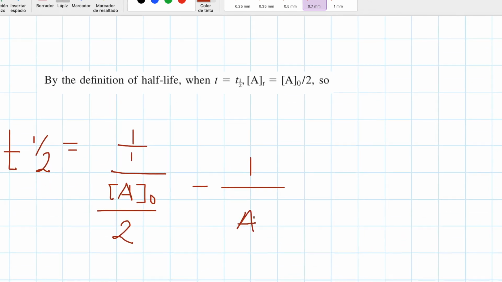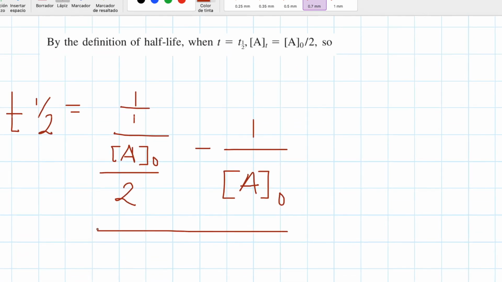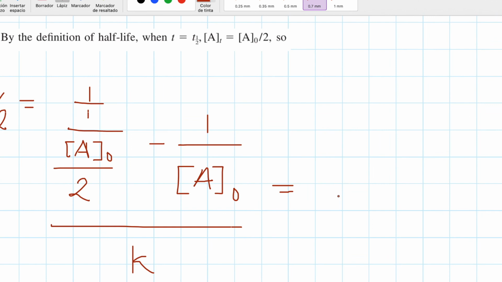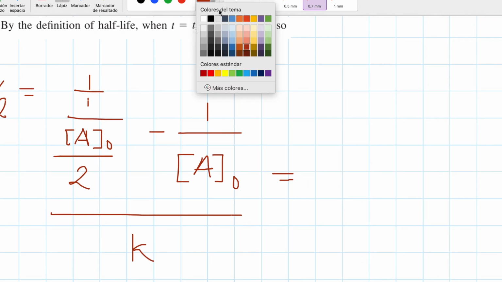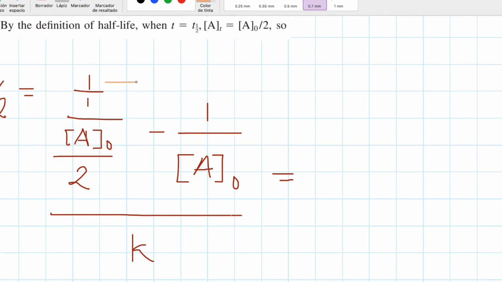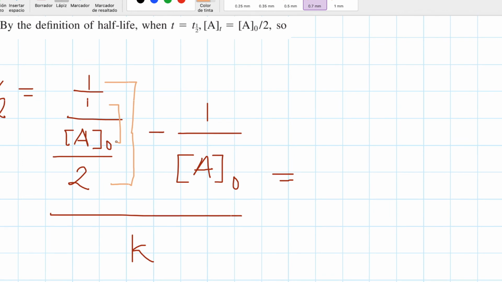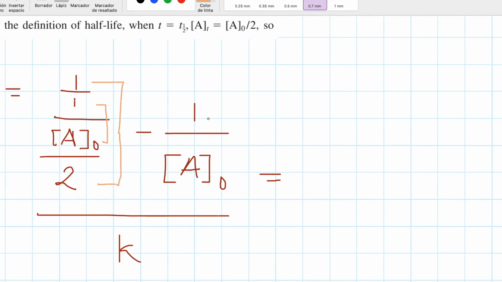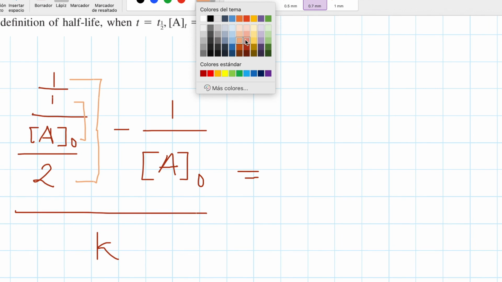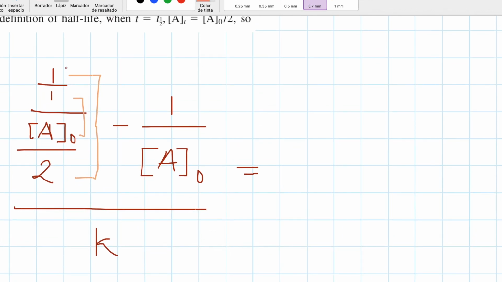So remember our cool trick we learned before? Minus our 1 over initial concentration, and this is going to be all over K. So let's go ahead and try to simplify our numerator. Remember, the ones located on the outside are going to be our numerator, and the ones on the inside are going to be our denominator.